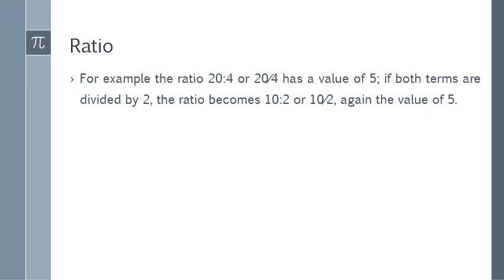If we divide again by 2, the value will be 5 upon 1 or 5 is to 1, and the resultant value is again 5. So if we divide or multiply a ratio, the resultant value will be the same.